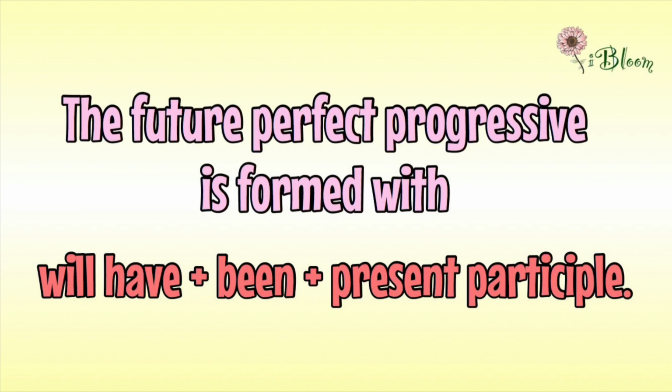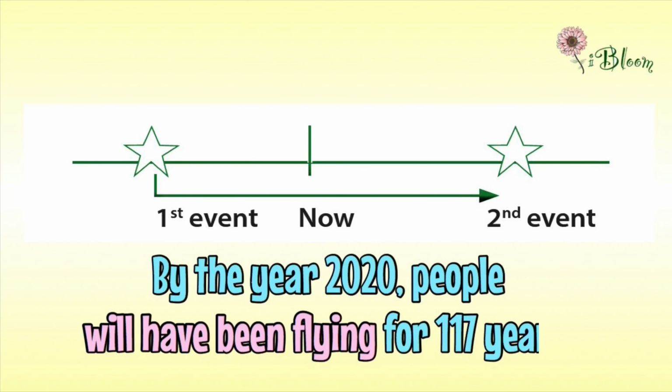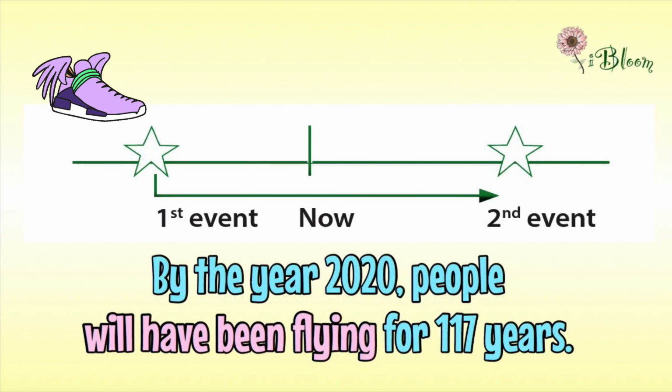Now, let's apply our future perfect progressive sentence on the timeline. Which event happens first and which event happens next? By the year 2020, people will have been flying for 117 years. Can you guess?